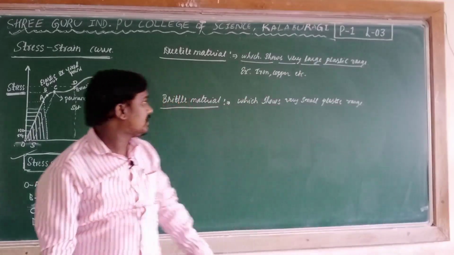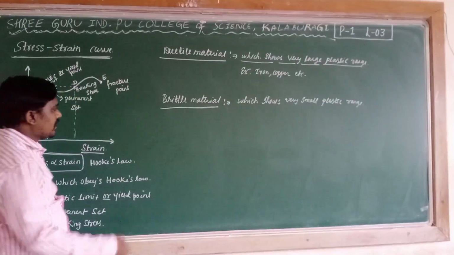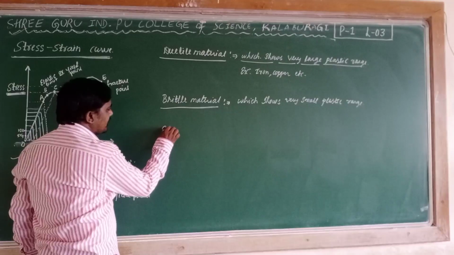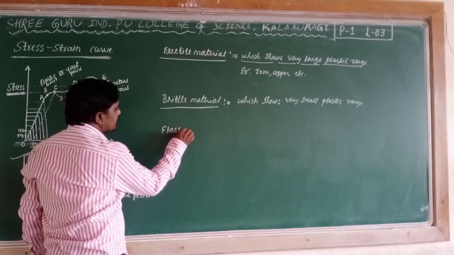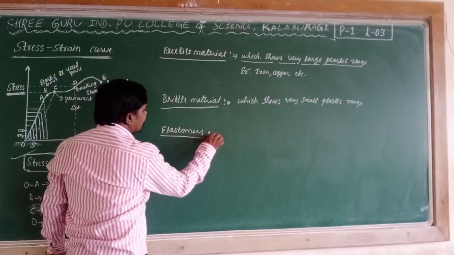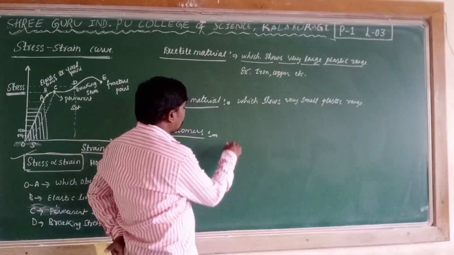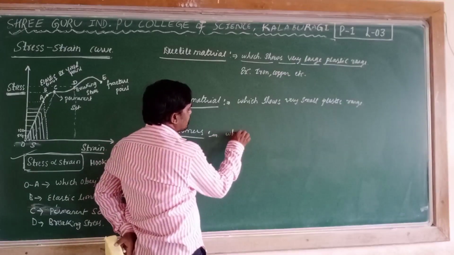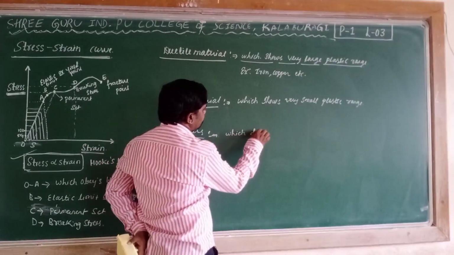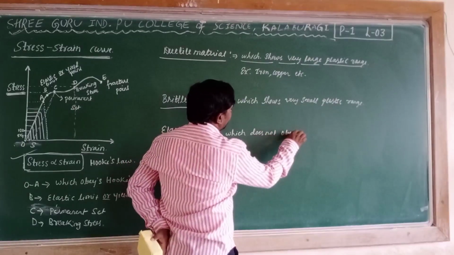And the last material type is elastomers. Already we discussed this in the last class. What do elastomers mean? Which does not obey Hooke's law.